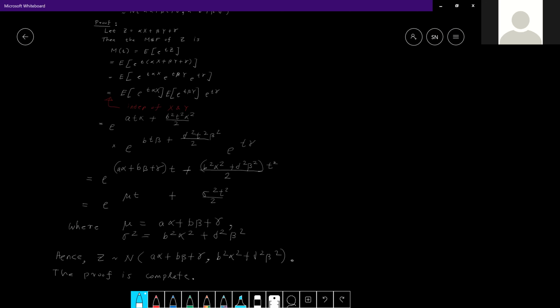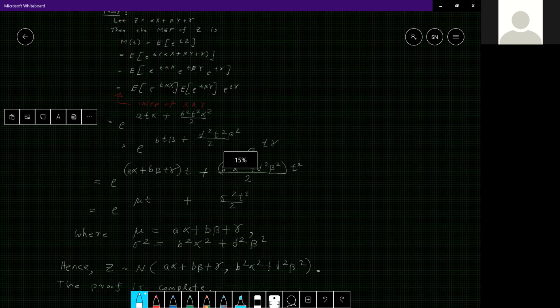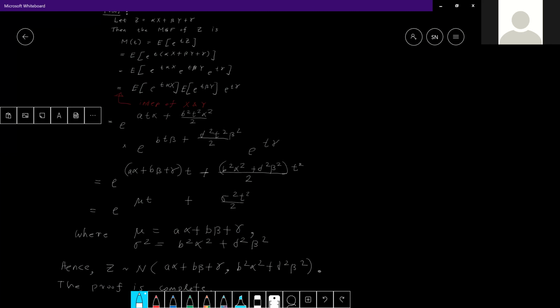And using example 3, which gives you the MGF of a normal variable, you can write down the expectation of e to the t alpha X as this, and the expectation of e to the t beta Y as this.